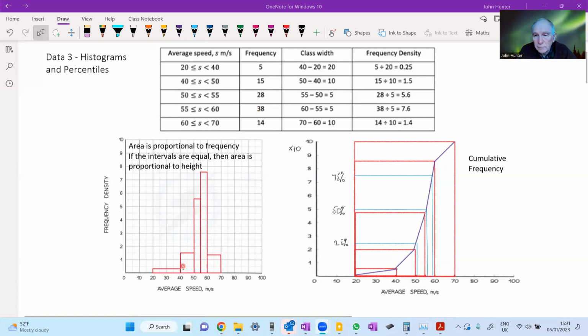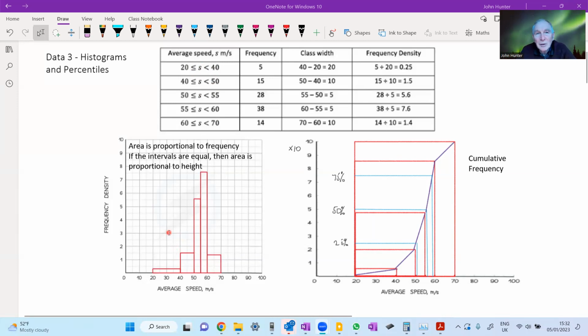We call these diagrams frequency density diagrams because we are interested in the areas. Do note though that if the class widths are all equal, then the area is proportional to the height, so the frequency is proportional to the height, and we tend to call those frequency mass diagrams.